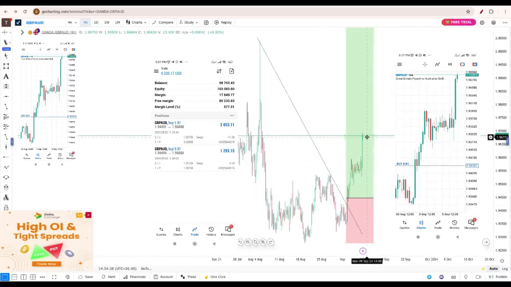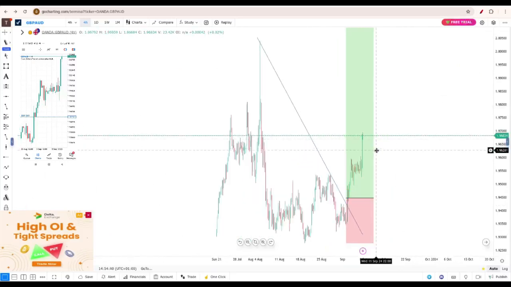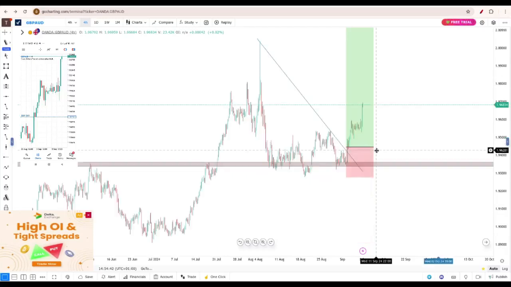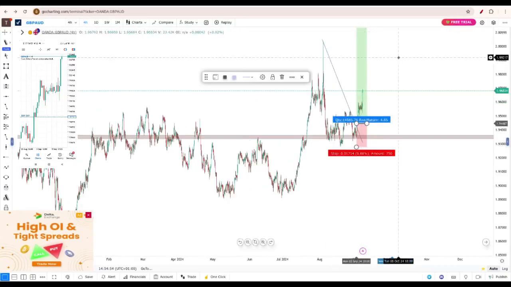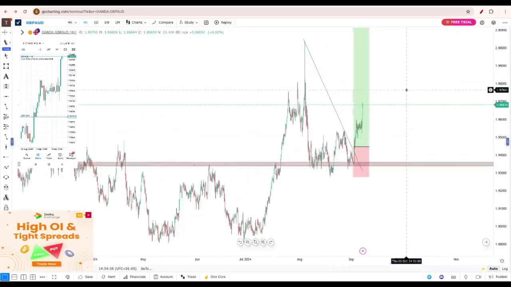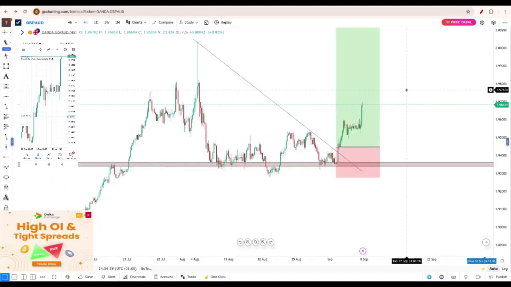So as we speak, I'm presently in about 250 pips in profits, and that is 1.42 to risk reward. So I'll be leaving this trade for some weeks, or probably for some months. I'll be coming on here to share with you guys how I'll be managing the trade.